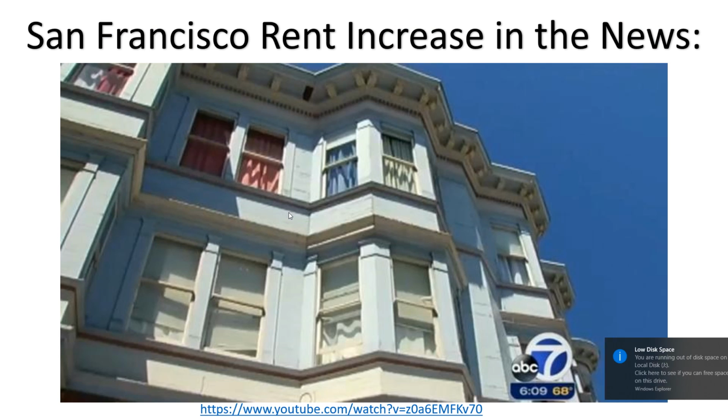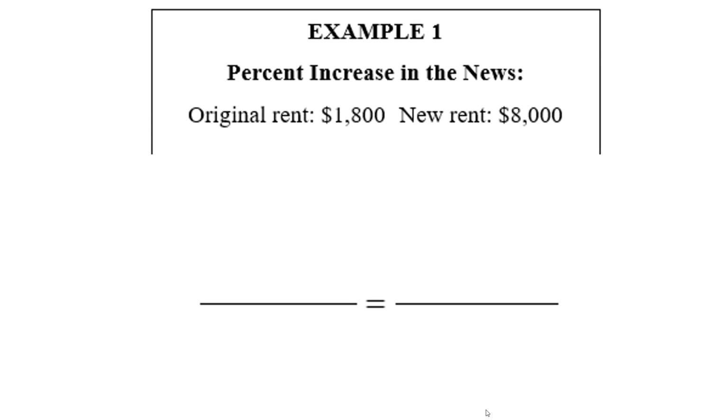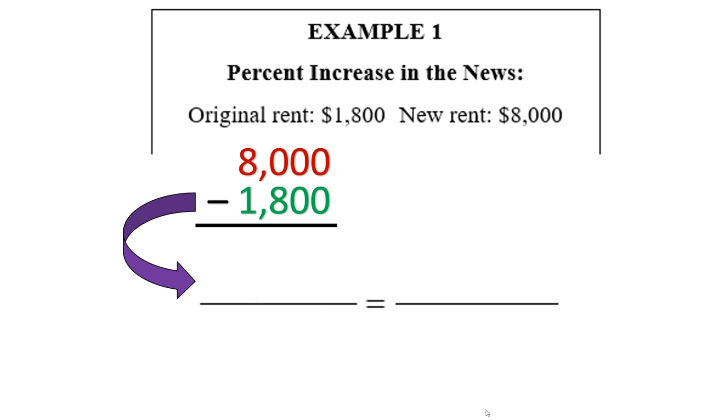So in class, I show this clip. You're welcome to type this into YouTube if you want to see the San Francisco rent increase example that I showed in class. So example 1 on the front note sheet is already pre-done for you, but just to walk through where everything came from, we find the difference between the new rent and the original rent, which is where this value comes from, 6,200.